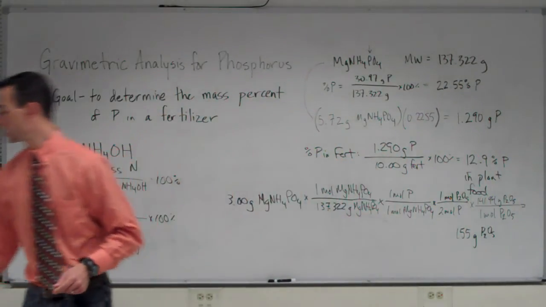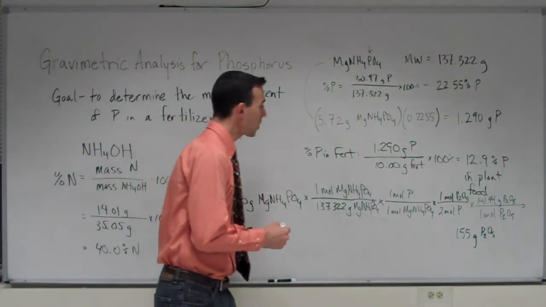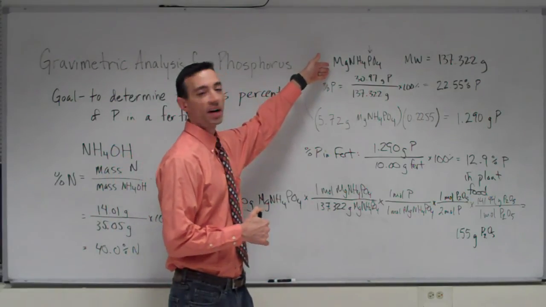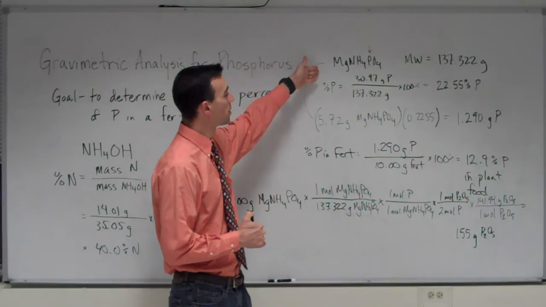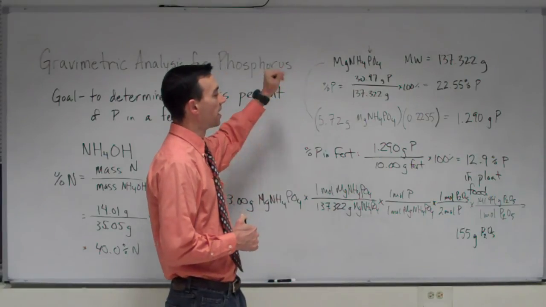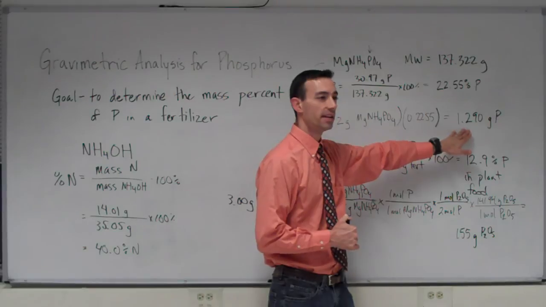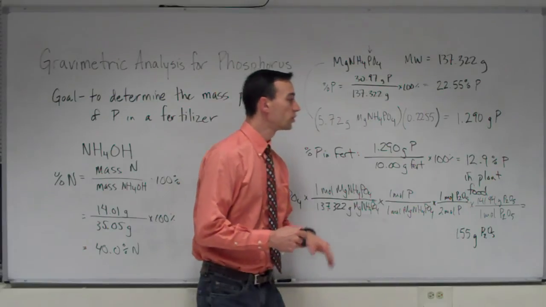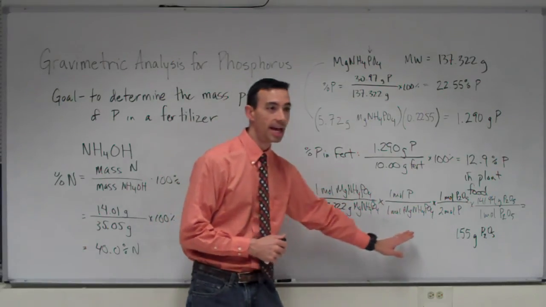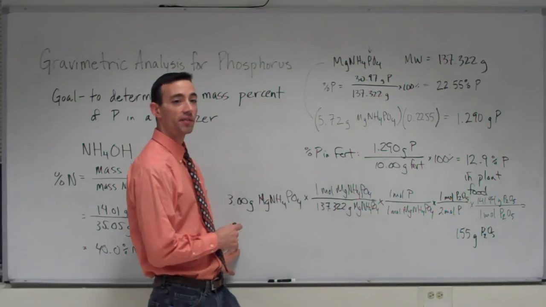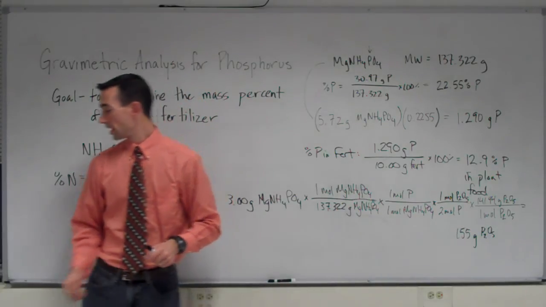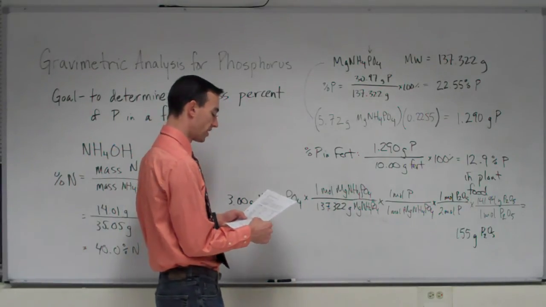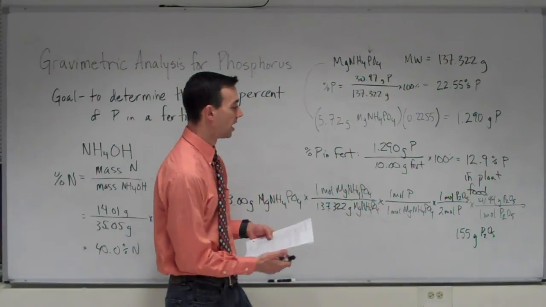Now, to relate this to what you're doing in lab today, you're going to be, again, generating and collecting magnesium ammonium phosphate. And the amount of phosphorus that you have in your magnesium ammonium phosphate originated as P2O5. So you could begin not quite doing this last calculation like this, but as part of your calculations in the lab, you're more likely to need to take the amount of the phosphorus that you generate and turn it into P2O5.